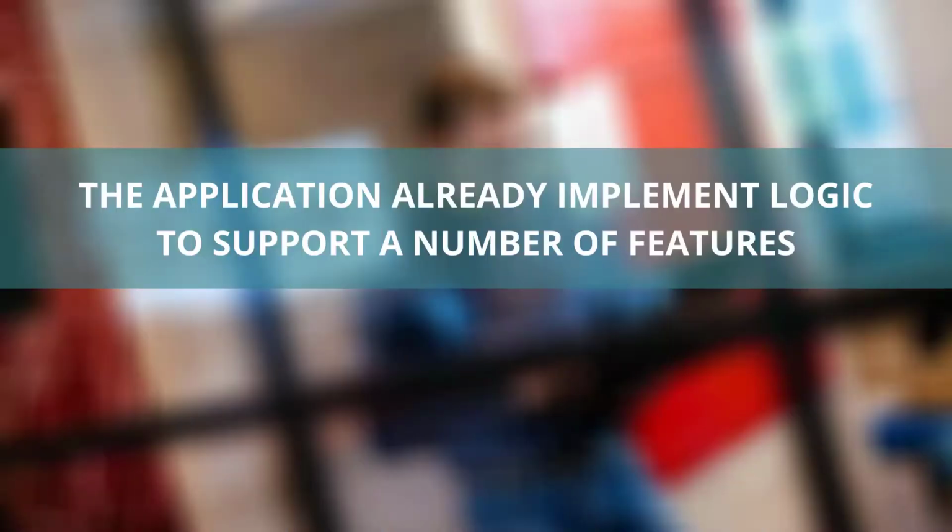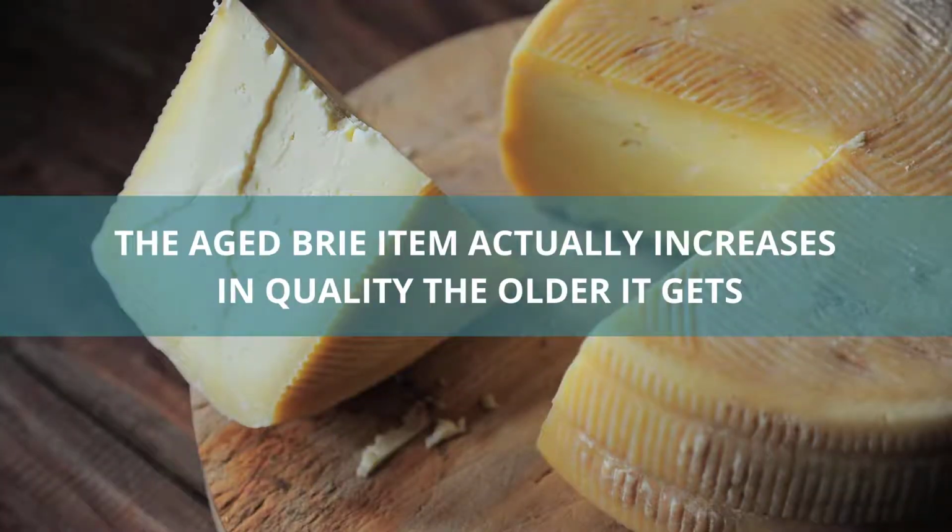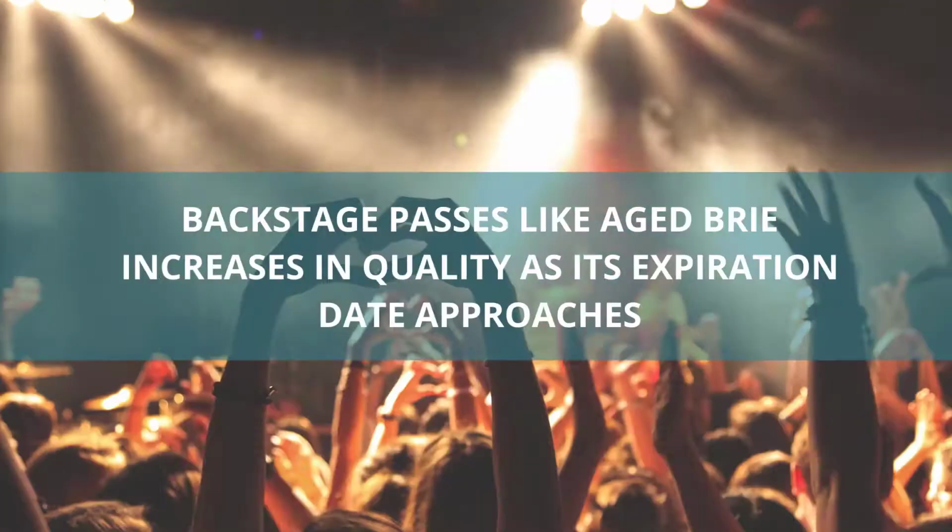The application already implements logic to support a number of features, like once the sell date has passed, quality drops twice as fast. The aged brie item actually increases in quality the older it gets. Backstage passes, like aged brie, increase in quality as the expiration date approaches.